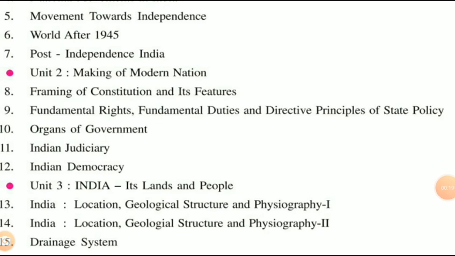Today, we will be dealing with Unit 2, that is, Civics, Making of Modern Nation. This unit of Civics tells us how a citizen can be formed, how well he can be organized, and what makes a citizen a better citizen with the help of our constitution, understanding fundamental rights, his duties, and different policies that are framed as per the constitution, which are the different organs of government, what is the judiciary system, and how democracy can help a particular person to become a more civilized person.